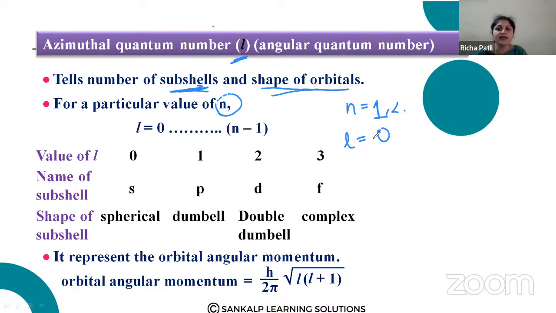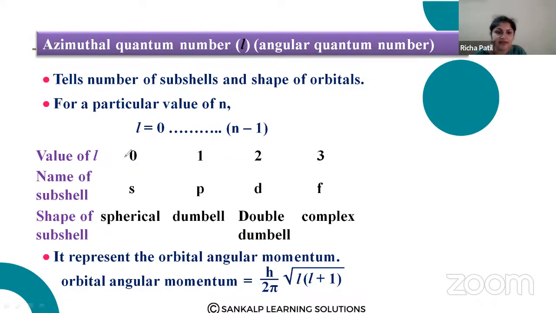If n is equal to 2, L will be 0 and 1. When n is equal to 3, L is equal to 0, 1, 2, because it is n minus 1. You have to calculate n minus 1 to get the values of L. This is how you determine the value of L.